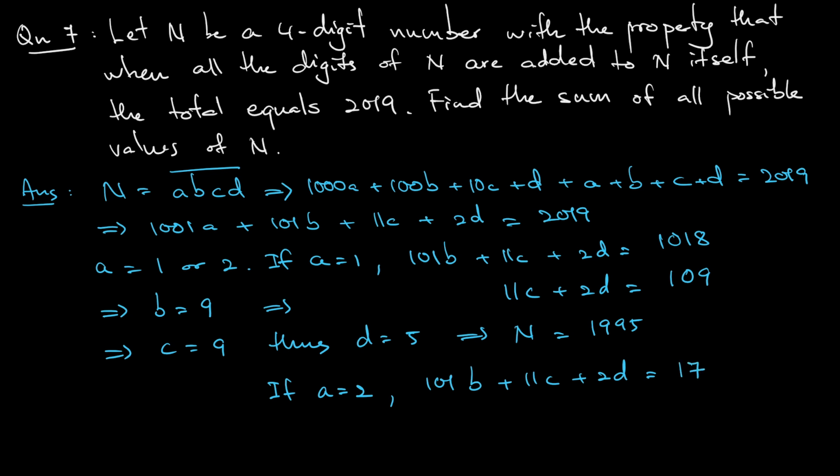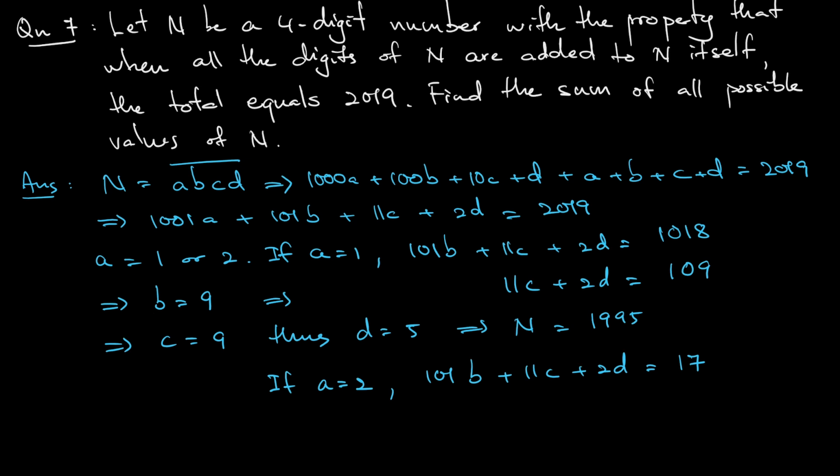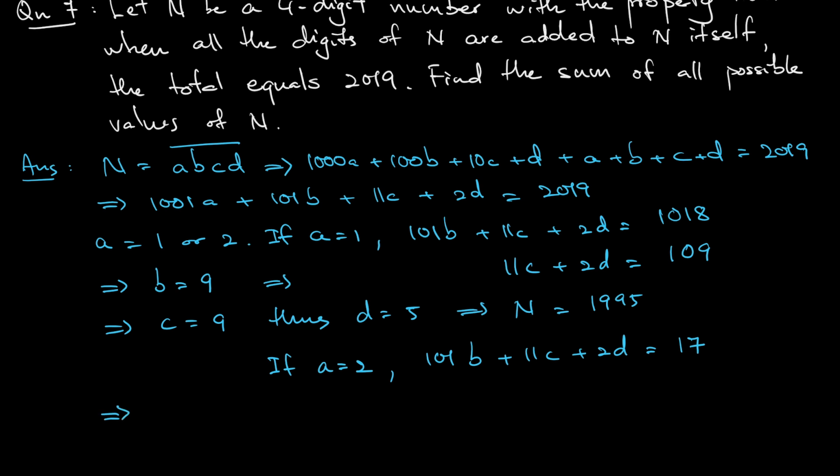Notice B cannot be 1, right? Because if B is 1, it's already 101. So it forces B to be 0. So when B is 0, this is technically 11C plus 2D is equal to 17. Same logic, that will force C to be 1.